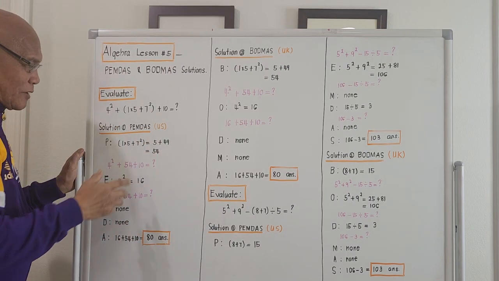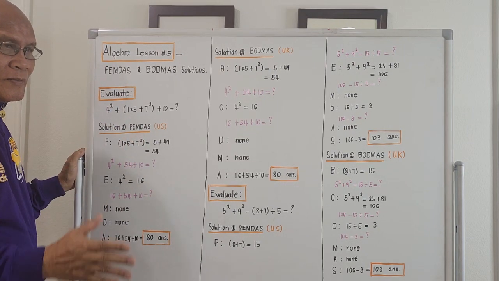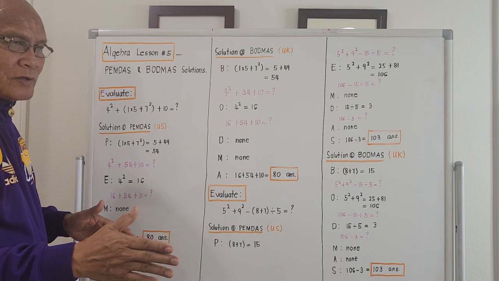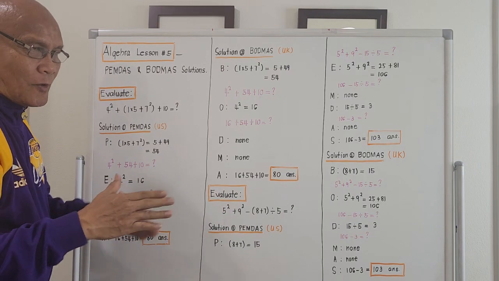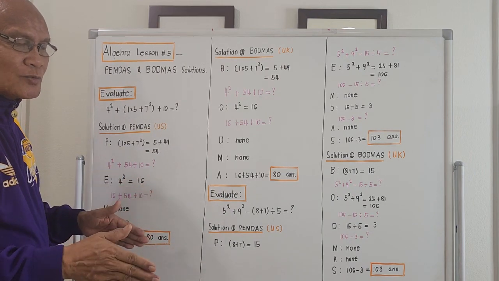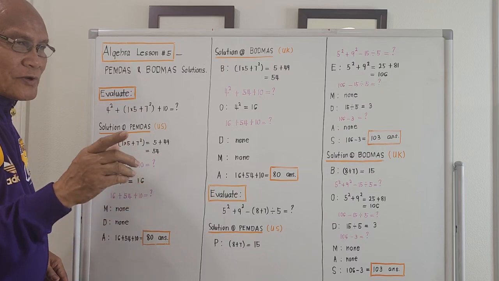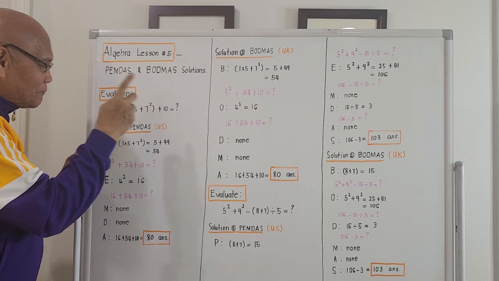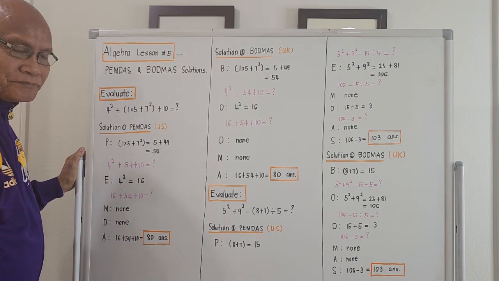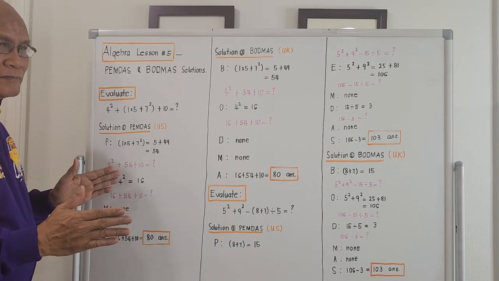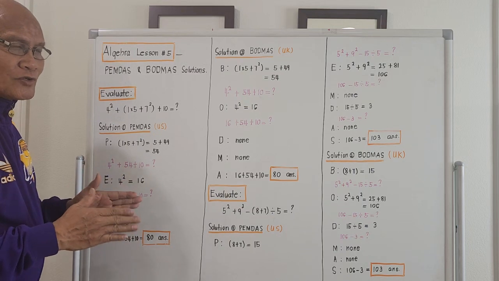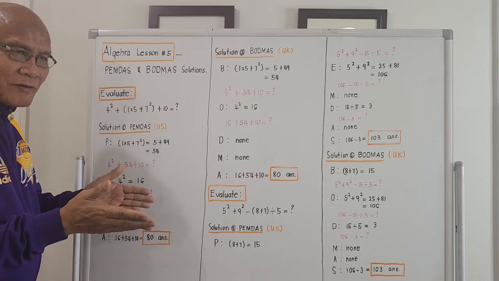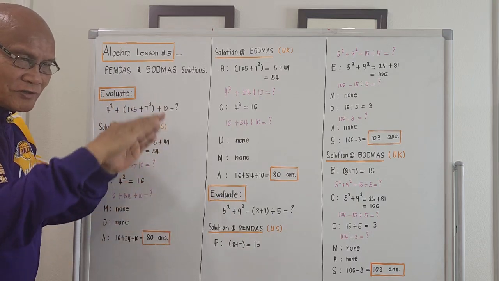For PEMDAS, this is actually the order of operations. So we will start with the first priority. The first priority under PEMDAS is actually P, and what does P represent? Try to manipulate all those terms within the quantity, or within the parentheses.